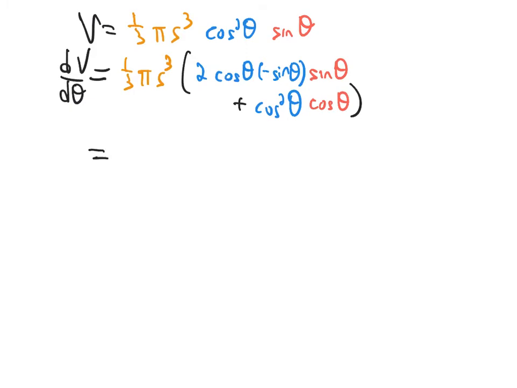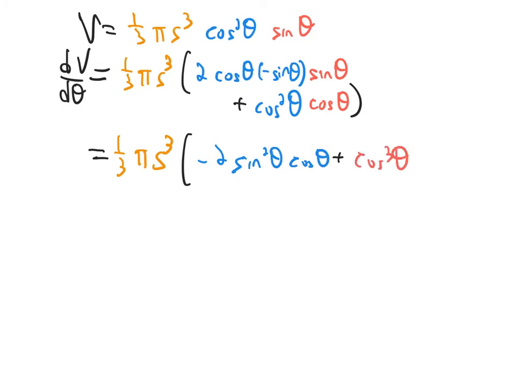This can be simplified a little bit, so we carry the constant because it just comes along for the ride. And then in our first term we have minus 2 sine squared theta cosine theta, and in the other term we'll have cosine cubed theta. To optimize, we want to find the theta such that dV d theta is 0, which means really we just force it to be 0.